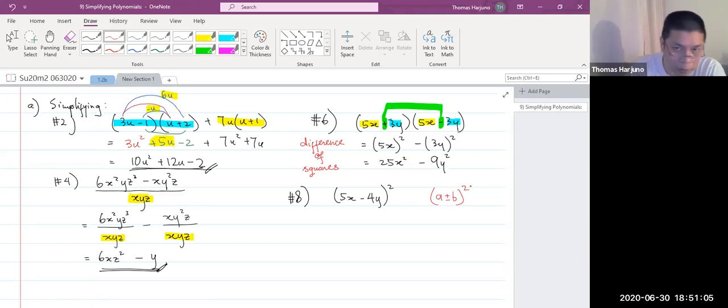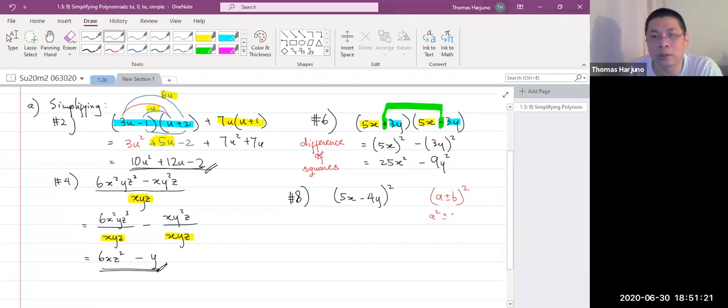I know you may be the one complaining, Thomas, not enough time, your test is too long. Nah, you memorize too little to skip steps on obvious questions. So I want you to memorize this. This is (a plus or minus b) squared equals a squared plus or minus 2ab plus b squared. I hope you remember this.